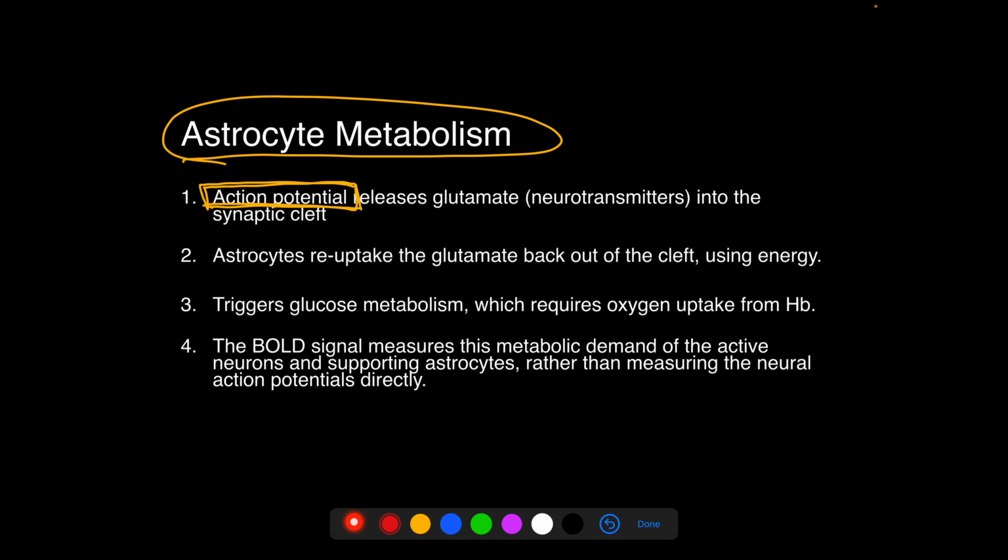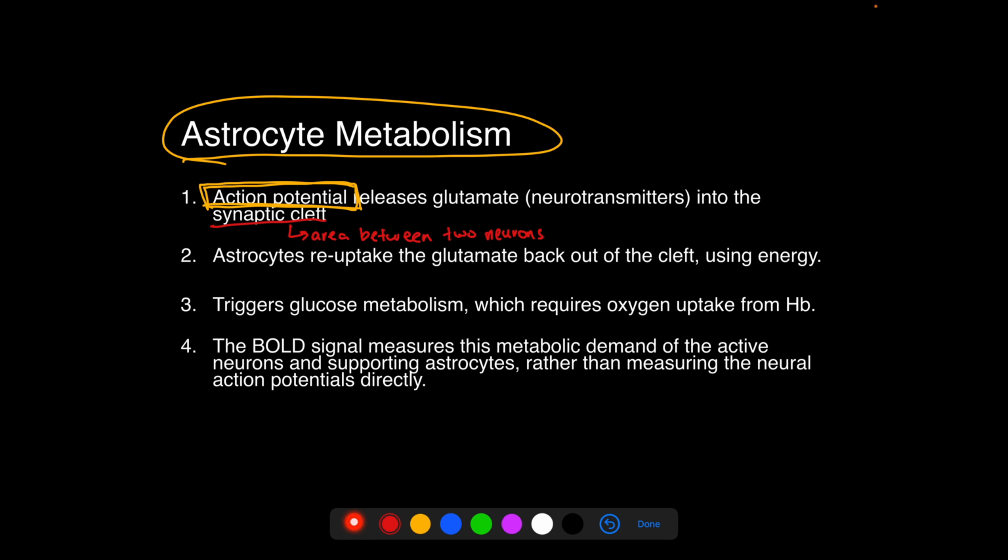So the synaptic cleft is the area between two neurons. Imagine that a course of neurons is a chain, and the links between each of the little chain pieces is what we call the synaptic cleft. There's a diagram on the next slide in which I'll be able to show you. I'll show you on the diagram.